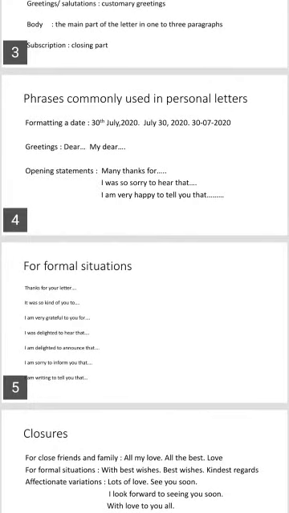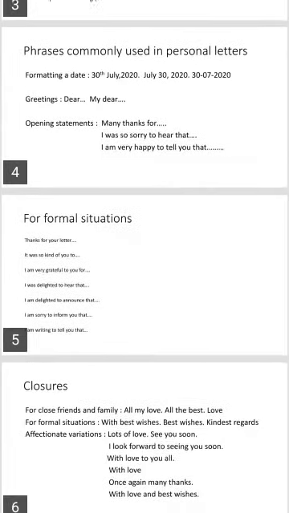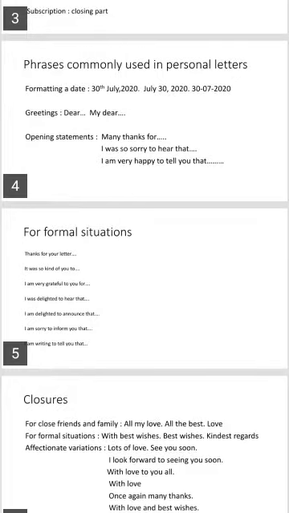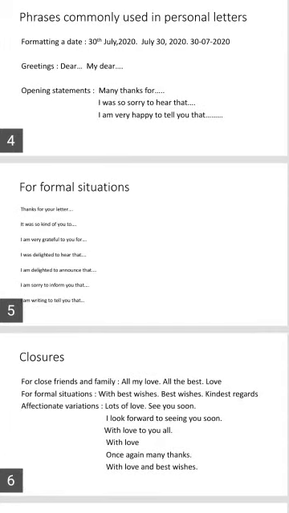So generally, next for formal situations, how can you start your letter? Thank you for the letter inviting me to the function.